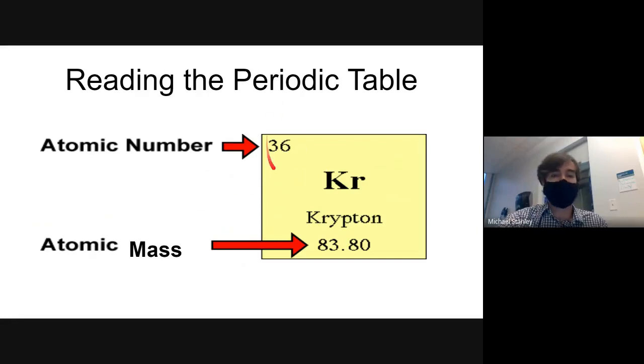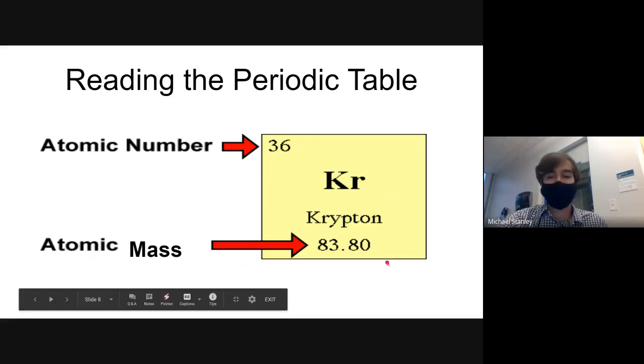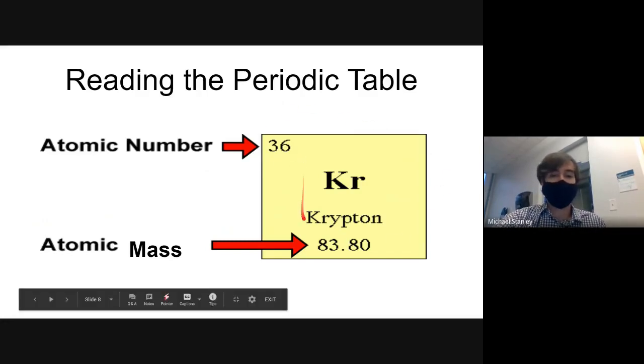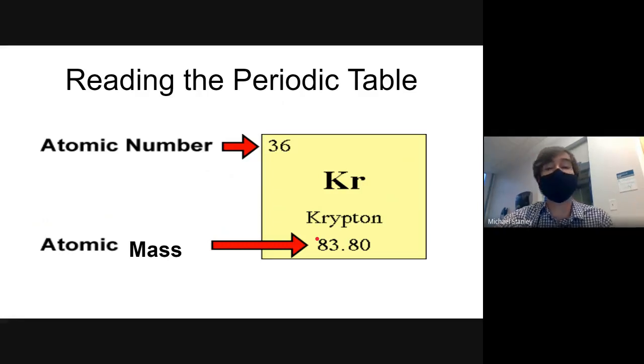So we've got our atomic number and our atomic mass. The cool thing about these numbers is that every single atom has its own atomic number and atomic mass. And we can use these numbers to do a little bit of detective work and figure out how many protons, how many neutrons, and how many electrons we have in each atom.